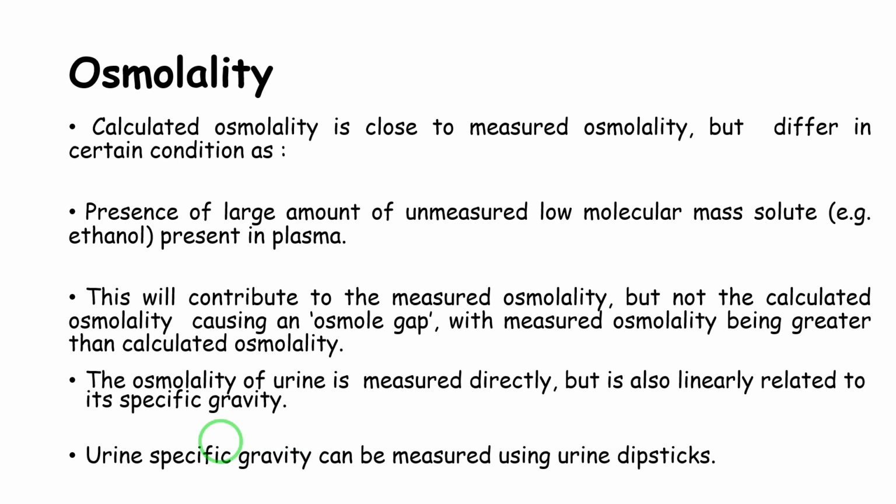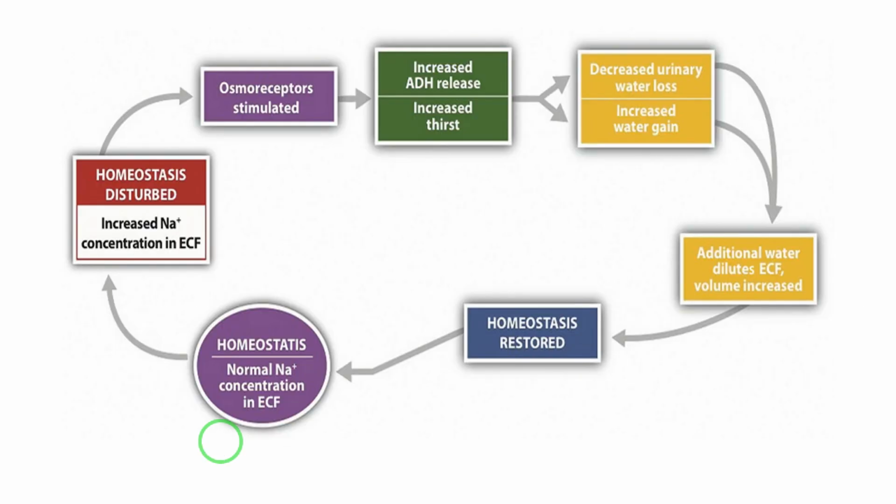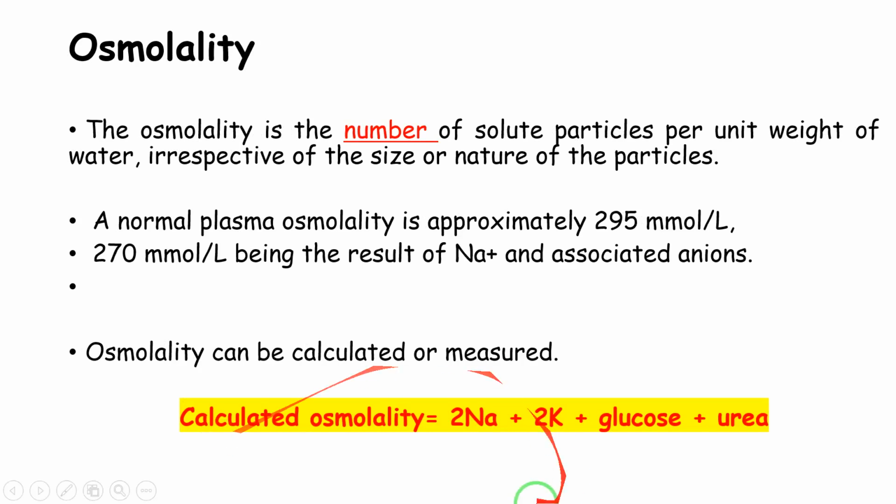In case we have this large amount of these particles in the circulation, they will contribute to the osmolality that is measured by the osmometer, but we cannot calculate it, because there is nothing that can represent it in the equation for the calculated osmolality. We can only measure the sodium, potassium, glucose, and urea.